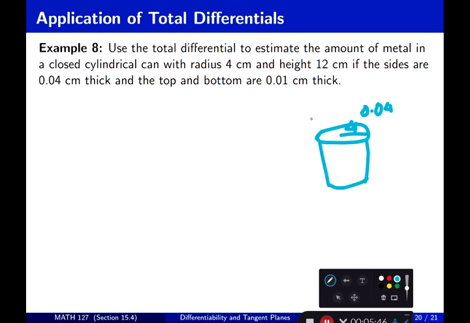And then the height: the height is 12, but the lid and the bottom both are 0.01. So the inner height is going to be 11.98, and the inner radius is going to be 3.96.